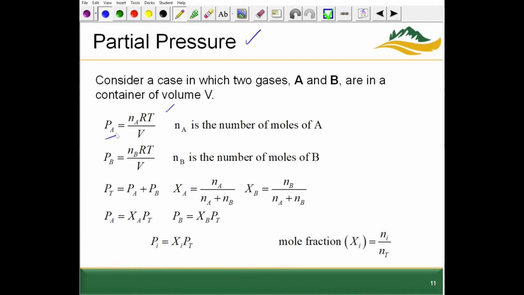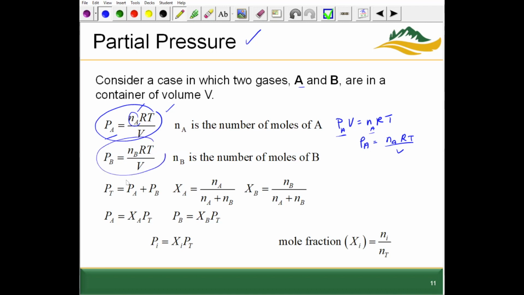If we're denoting that the partial pressure of gas A is P sub A, we can connect that to the ideal gas law with the moles of A. So we're taking the ideal gas law, PV equals nRT, but we're denoting that the pressure term relates to our gas A, and the number of moles is specific to gas A. So this is P_A equals n_A RT over volume. That's how we would get the ideal gas law, but specifically related to the partial pressure and the number of moles of some specific gas that's within a mixture.